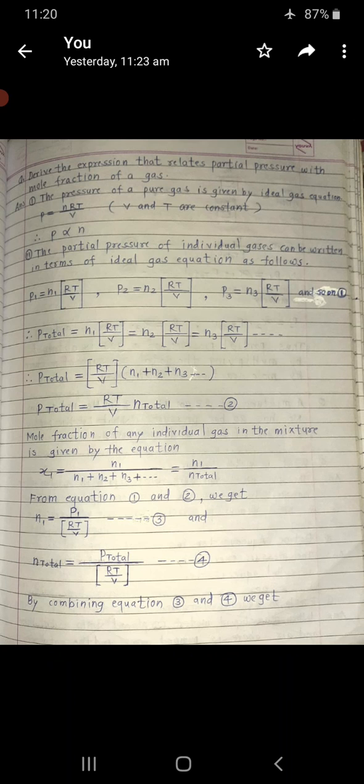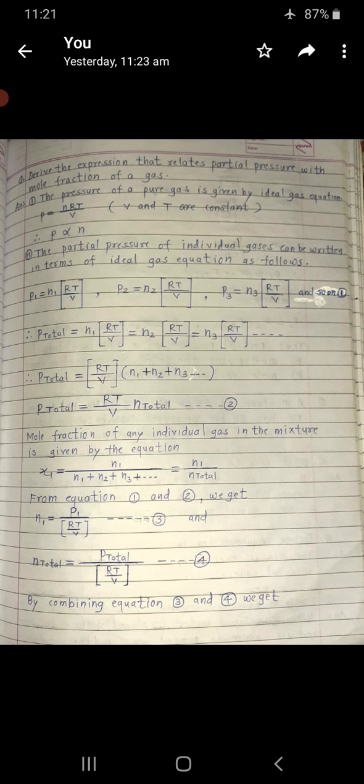So from equation 1 and 2, we get N1 is equal to P1 divided by RT upon V. Okay, that is equation number 3, and N total is equal to P total divided by RT upon V. This is equation number 4.